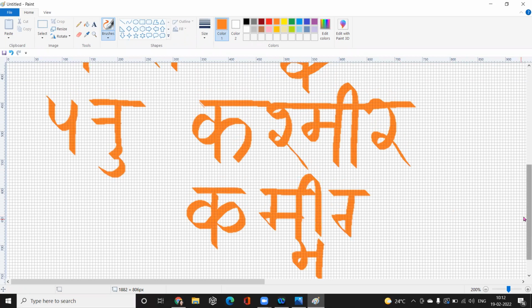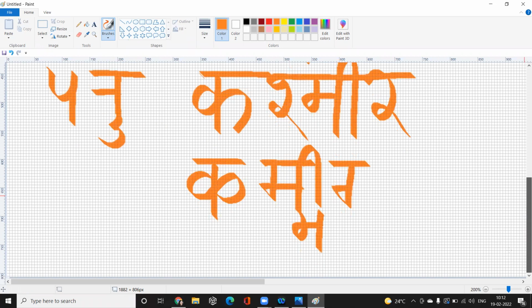Now the question arises, if you have all observed it. Here I wrote the T directly below this vertical line. If you see, it is not moving to the left or the right, and I am not using the Shirorekha of the T here. But here, I have written this M on the right-hand side. M anyways doesn't have a Shirorekha, so we have omitted the Shirorekha, but M is written on the right.